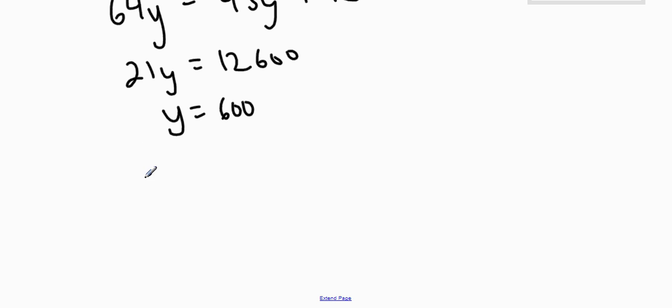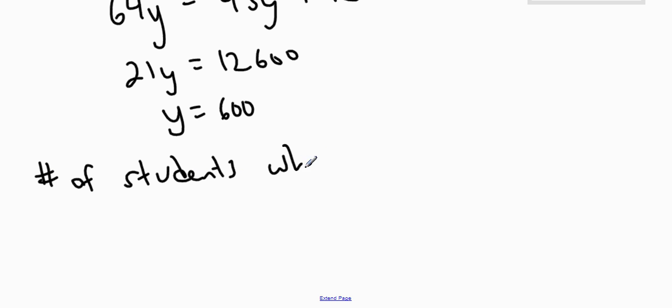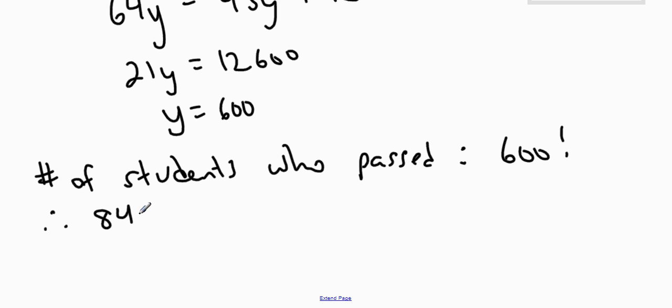So we earlier learned that y represents the number who passed. So we now know that 600 students passed. And therefore, this many students, which is 240, failed.